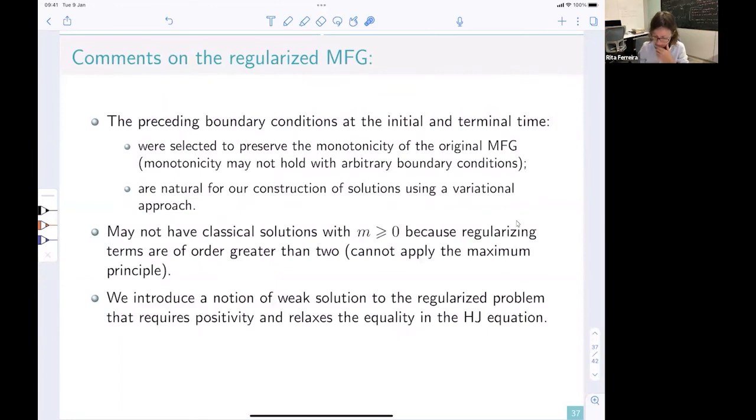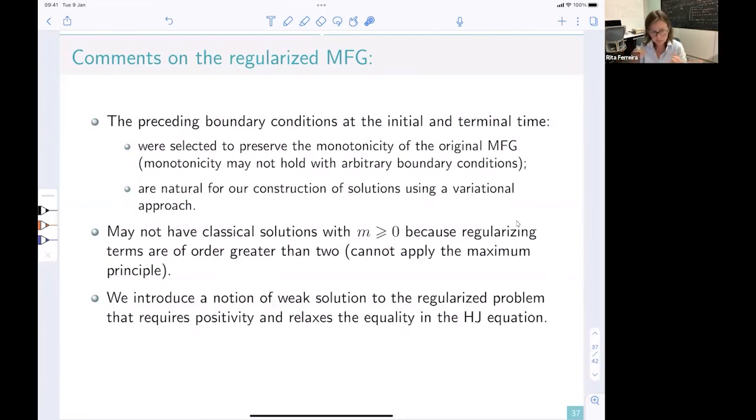Another comment. This regularized mean field game may not have classical solutions with M non-negative, which we want, because the regularization terms are of order greater than 2, and so in particular we cannot apply things such as the maximum principle.